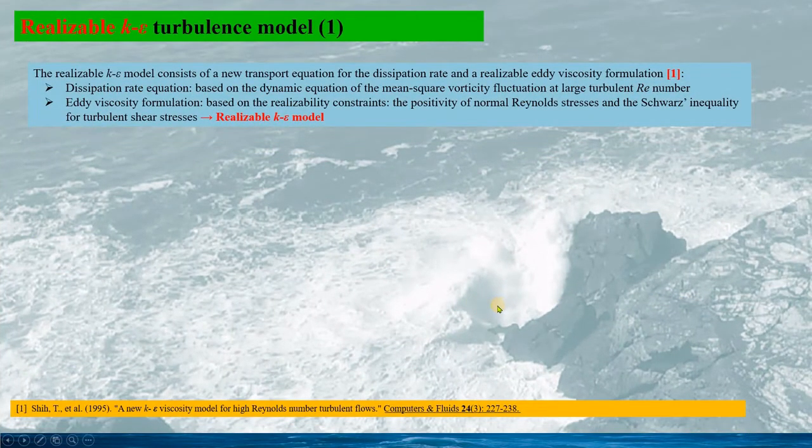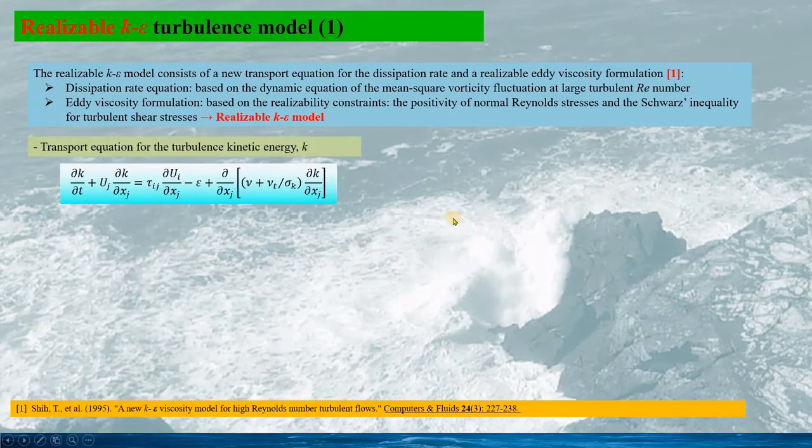So in this slide, the realizable K-epsilon model is introduced. The realizable K-epsilon model is an enhanced K-epsilon model with a new transport equation for the dissipation rate and a realizable eddy viscosity formulation. Thus, the model is called the Realizable K-epsilon model. The transport equation for the turbulent kinetic energy is exactly the same as the standard K-epsilon model, given as this.